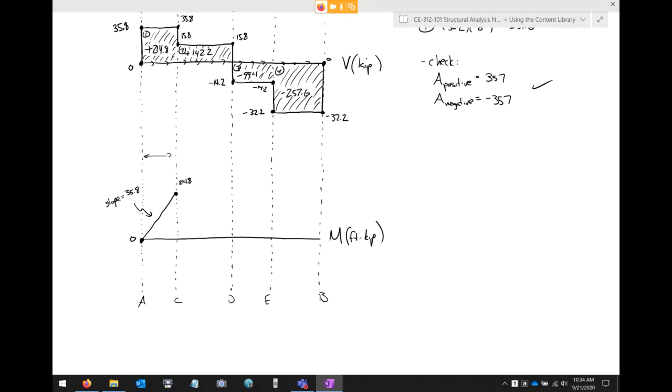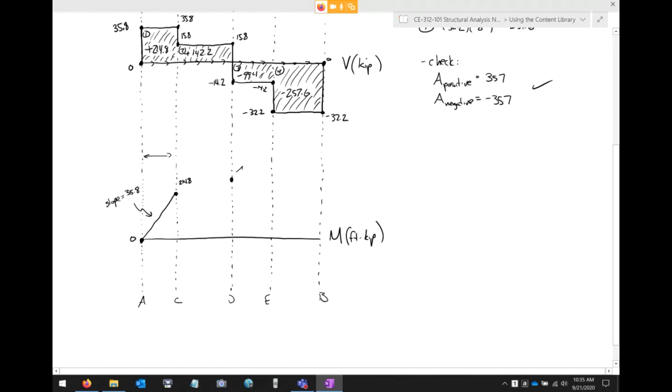Now, let's keep on trucking. So I'm at 214.8. What do I do from C to D? Well, how much does the area change from C to D? It goes up. How much does it go up? It goes up, what is that, 142.2? So if I'm at 214.8 and I go up by 142.2, what's that put me at right here? Making sure everybody's awake.